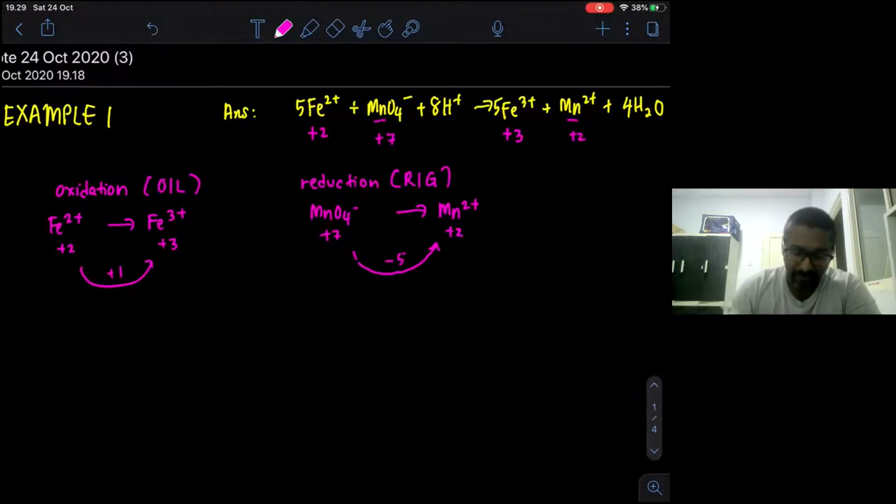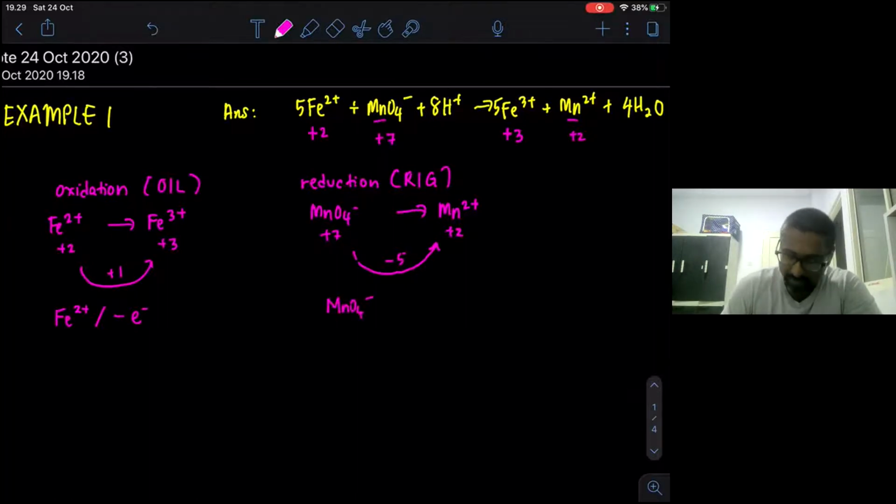In this case, every 1 mole of Fe2+ has lost 1 mole of electron.